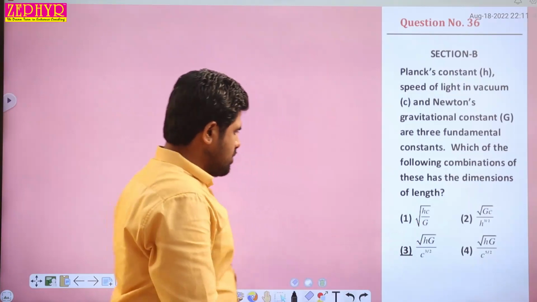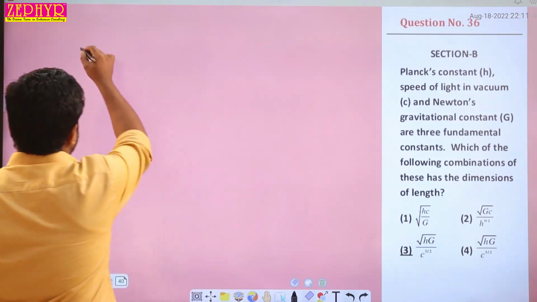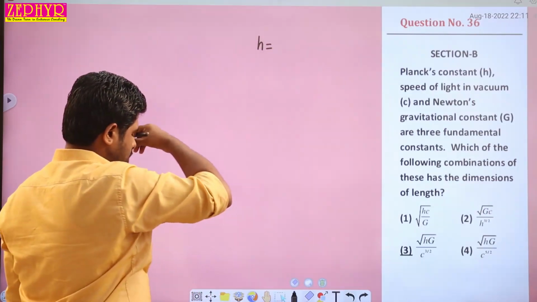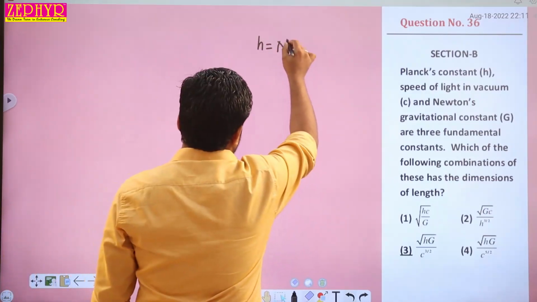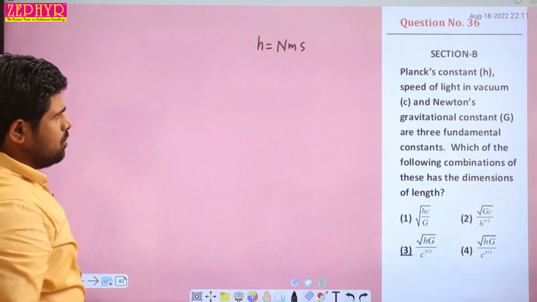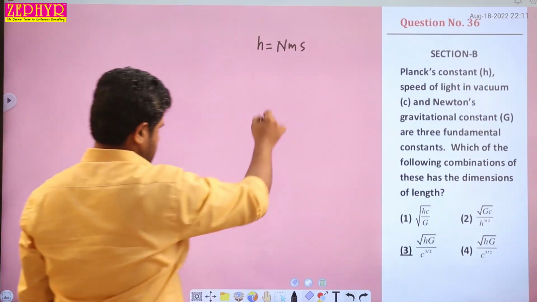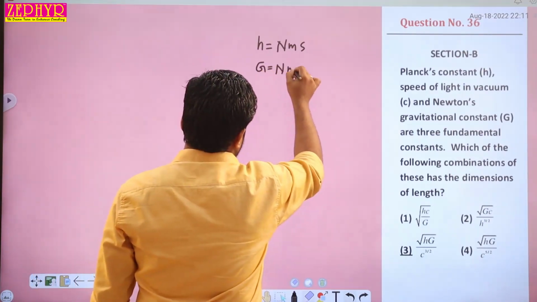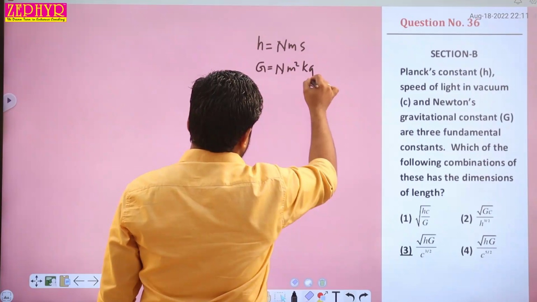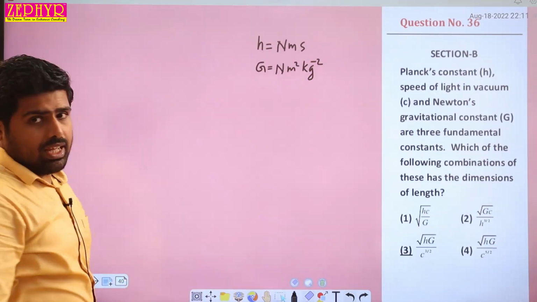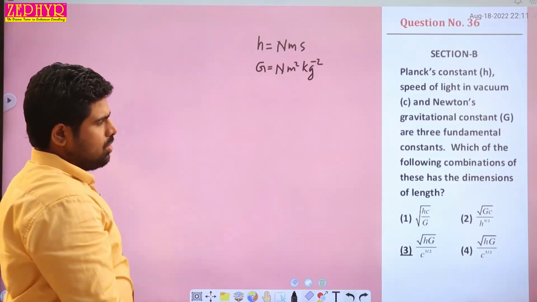First you write the unit of Planck constant. Planck constant h is equal to Newton meter second. The unit of G is Newton meter square kg raised to -2, that is the unit of the gravitational constant.